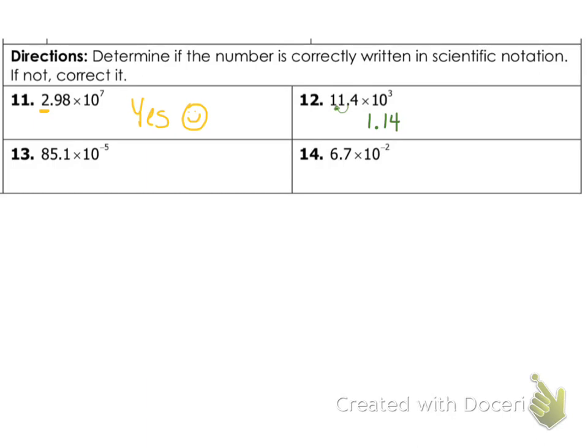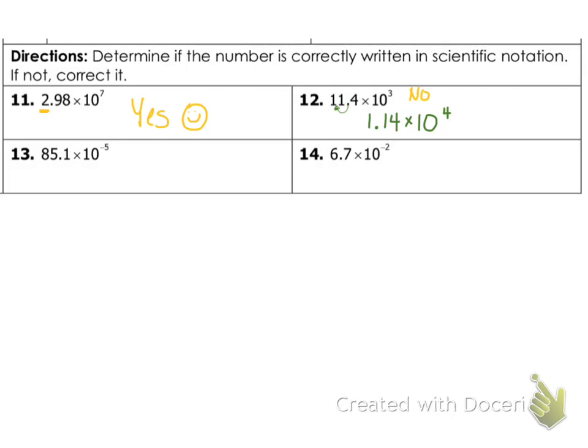So we need to balance that out using the factor of 10. So we need to make that 10 times bigger. We made this part of the number 10 times smaller, so we're going to make this part of the number 10 times bigger. So we'll multiply by 10 to the 4th power. So that one was no originally, and now we fixed it so that it is.